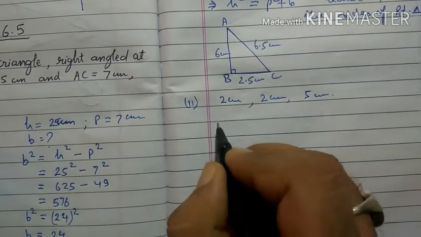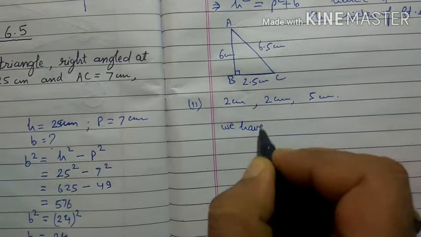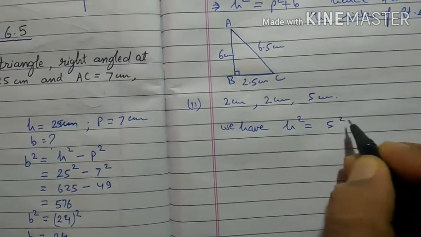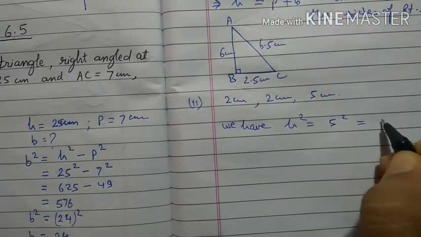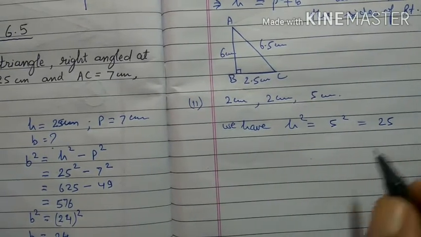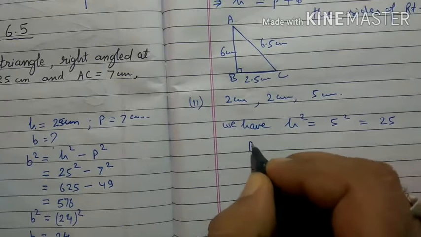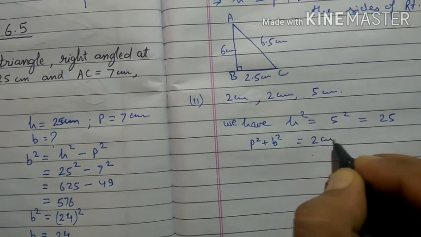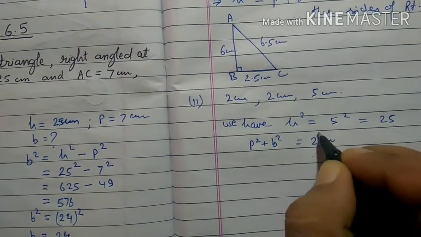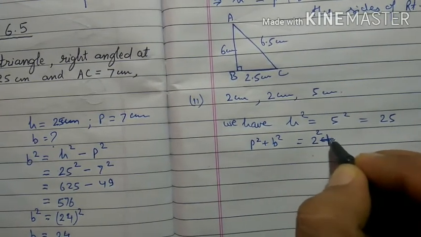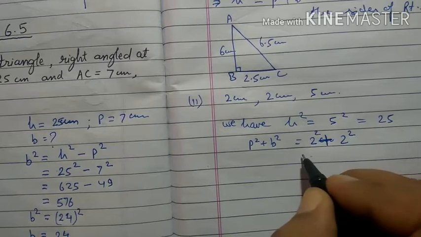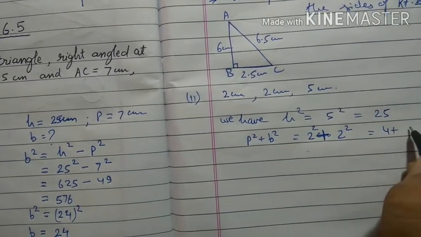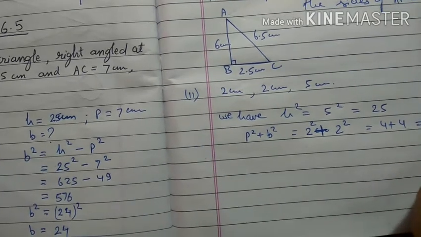So h square is equal to 5 square, which is 25. And now p square plus b square is 2 square plus 2 square. 2 square is 4 plus 2 square is 4, and 4 plus 4 is 8.